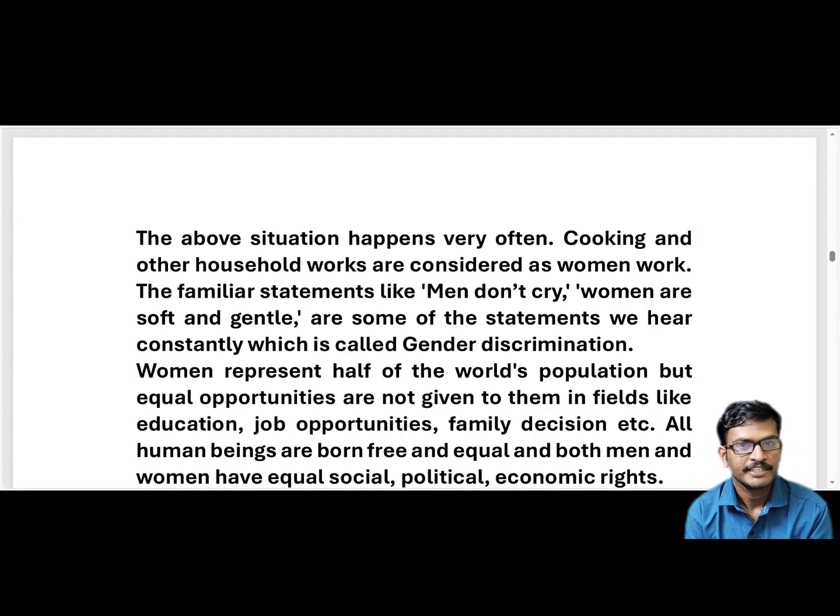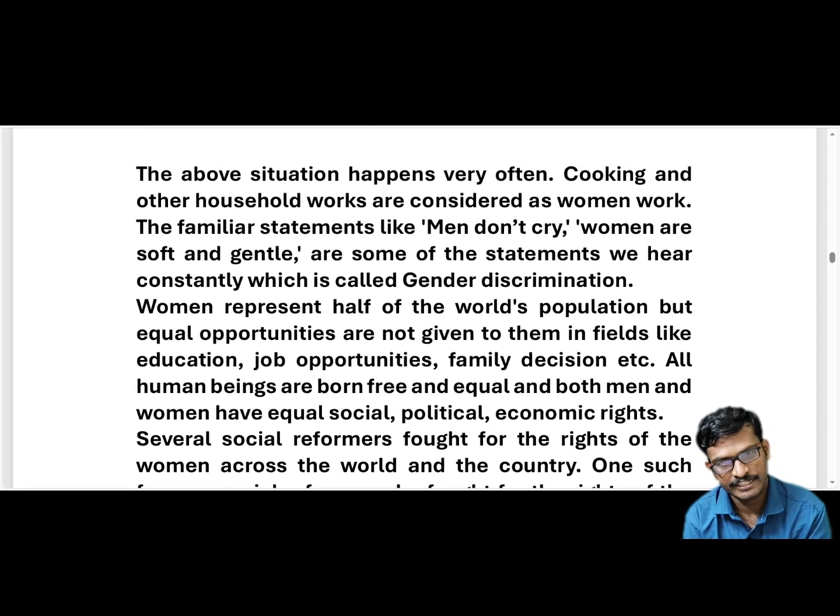Everyone gets pain, and based on the pain, he will feel sorrow, cry, anything. But according to this gender stereotype, people say that he should not cry, even though he is suffering from pain. This kind of stigma is there in society. Everyone has the same pain, girl and boy.